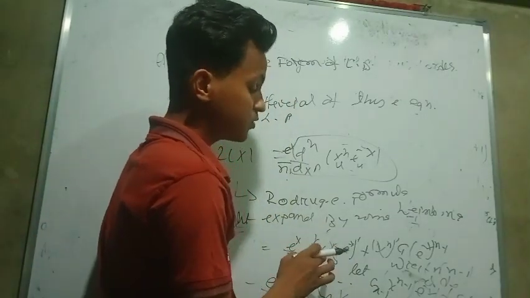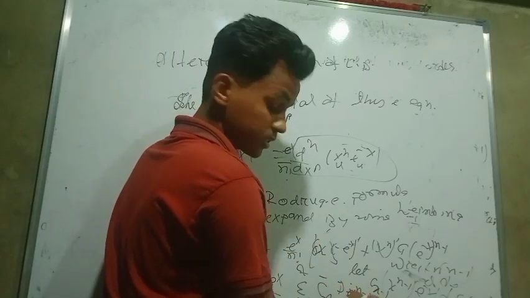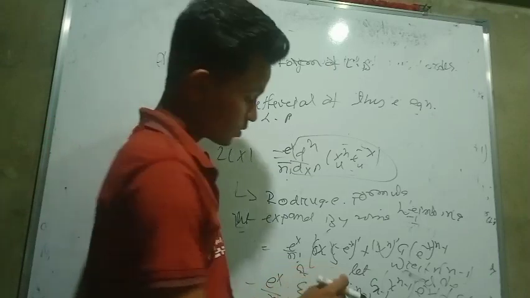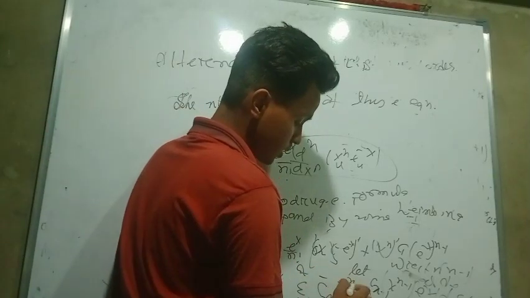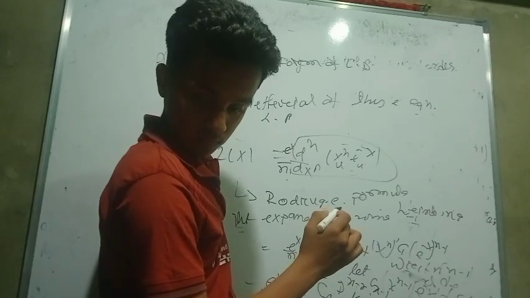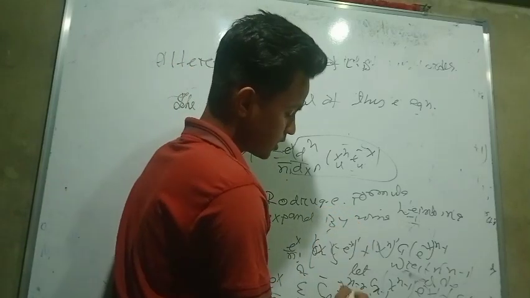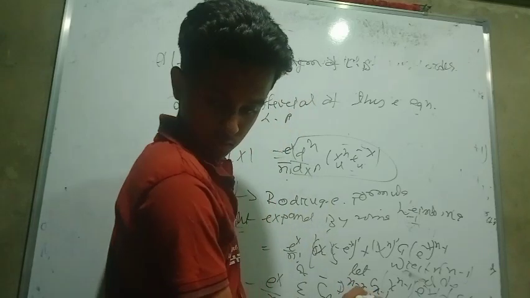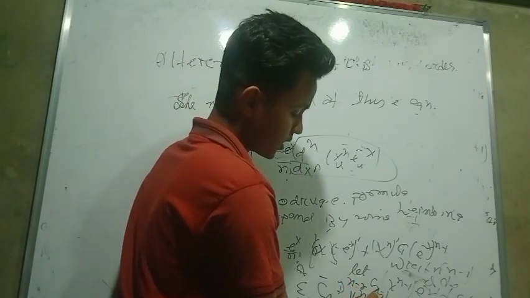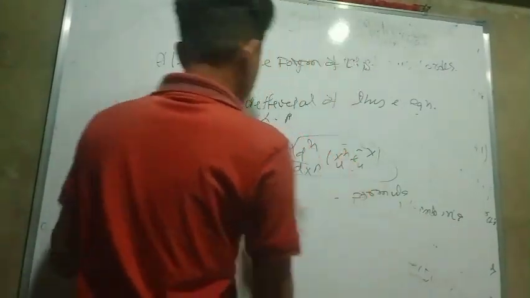Let's say here I am using the differential, d^(n minus r) by dx^(n minus r) of x^n, d^r by dx^r of e to the power minus x.